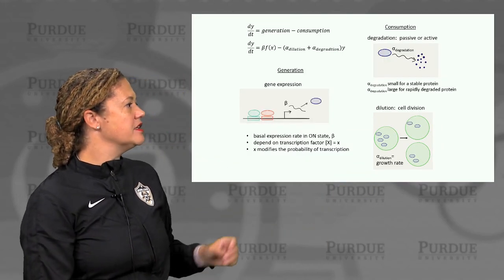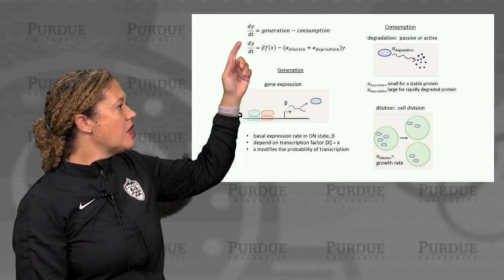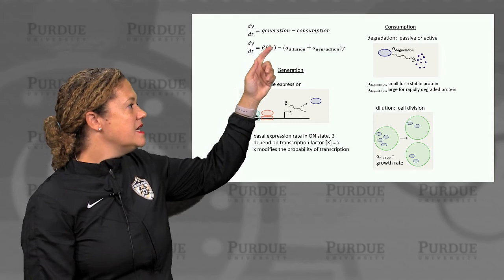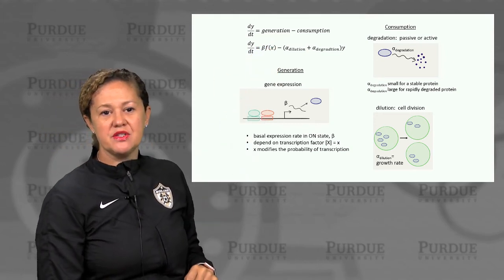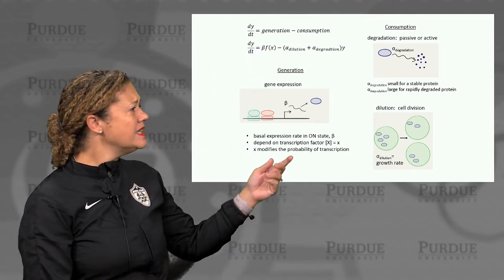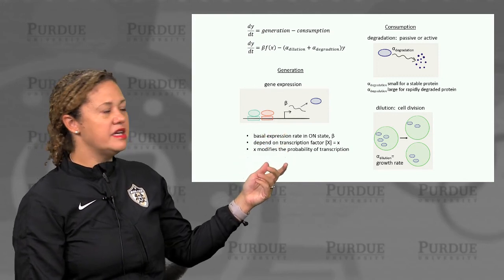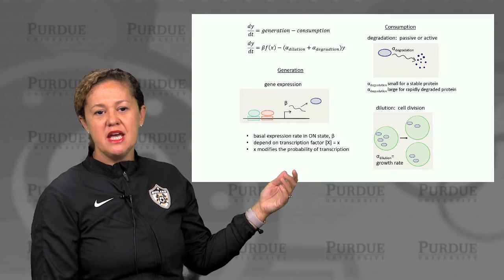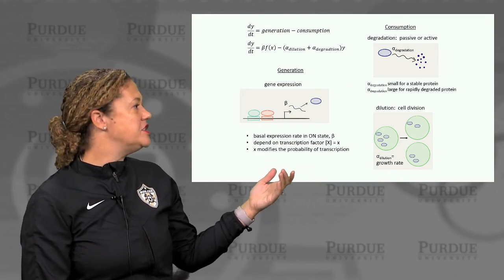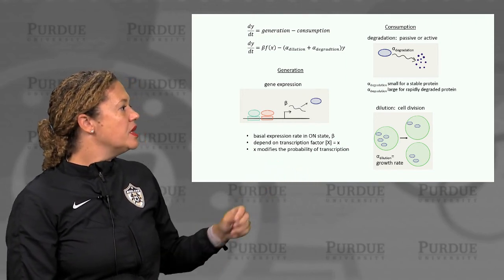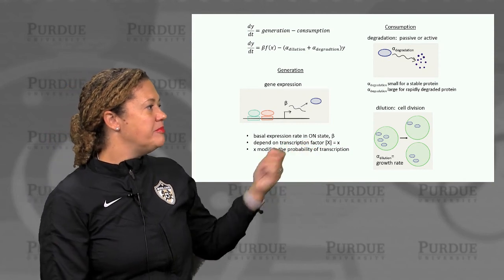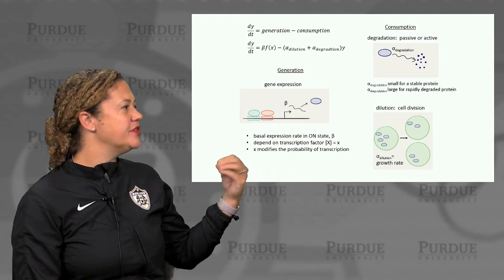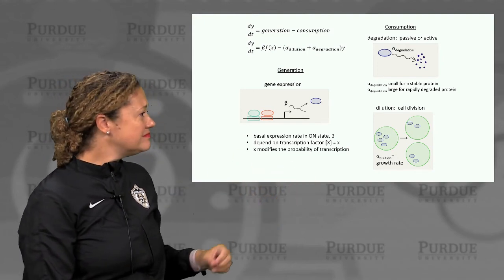So let's look at this a little bit more closely. Now our rate equation simplifies down to dy/dt equals the rate of generation minus the rate of consumption. And again, generation here is, in our case, caused by gene expression, so the transcription and translation of that gene Y. We can define a parameter beta, which is the basal or maximum expression in the fully on state.